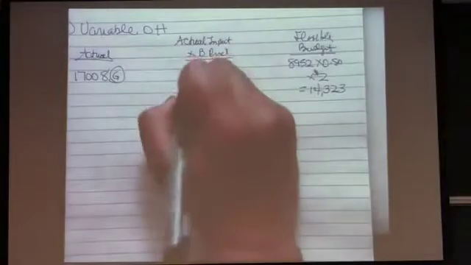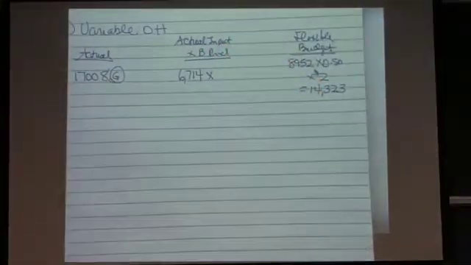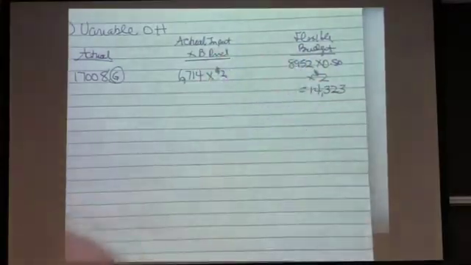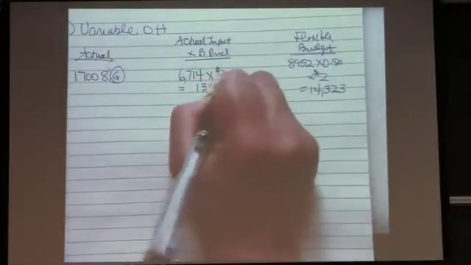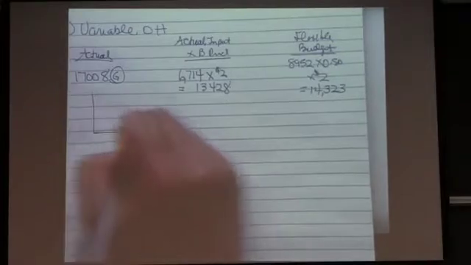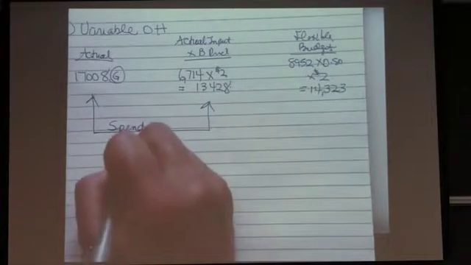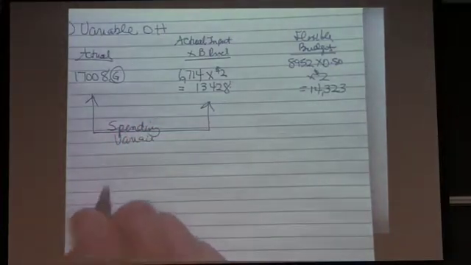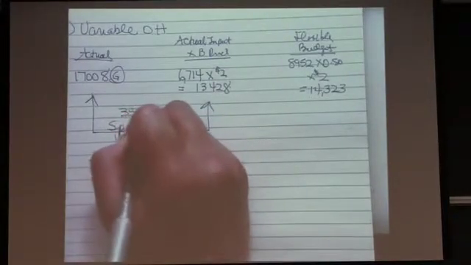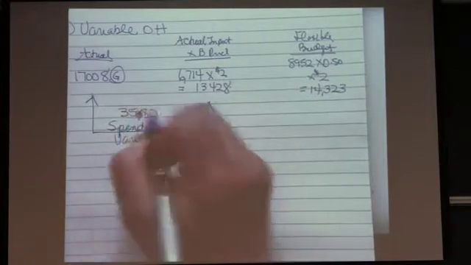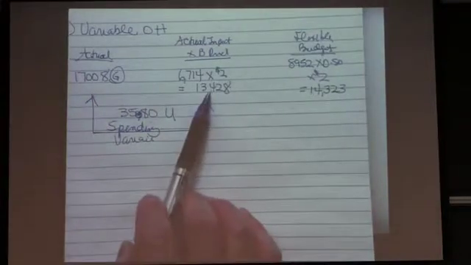We spent 6,714 hours, times the budgeted price per hour of variable overhead, which is $2. The difference between these two is what we call the spending variance, and that is 3,580 unfavorable. Why is it unfavorable? I spent more than I should have.